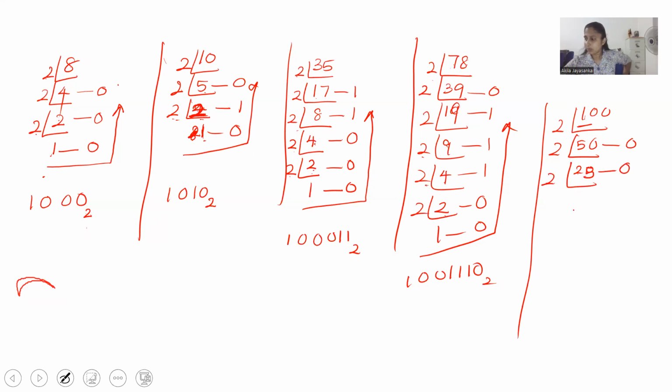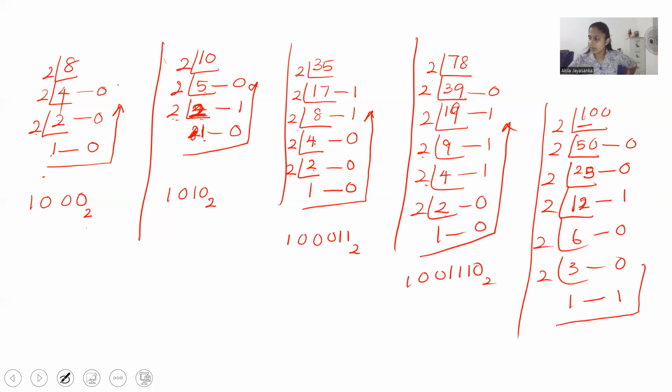Then 25, remaining value is 1. 6. Remaining value is 0. And then 3. Remaining value is 0. 3 we can divide by 2. Remaining value is 1. Right? 1, 1, 0, 0, 1, 0, 0. This is the value for 100.